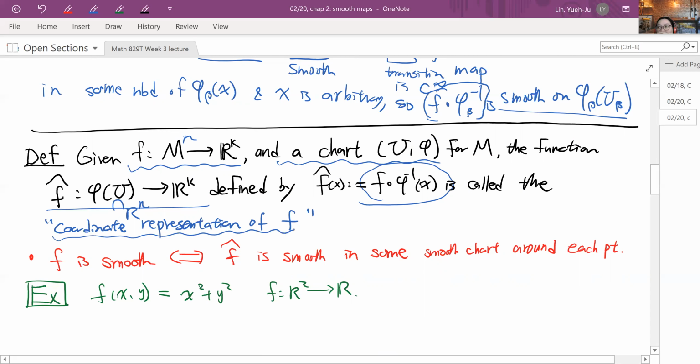So a lot of the time, in some sense, we identify F and F hat.